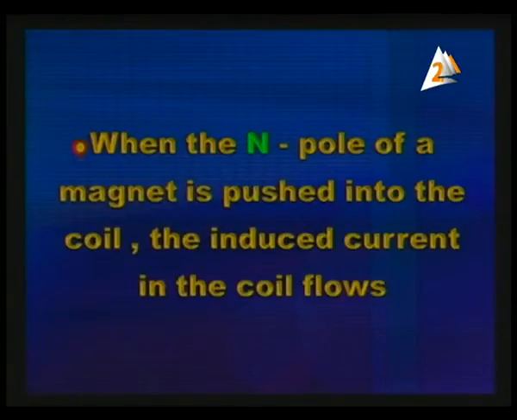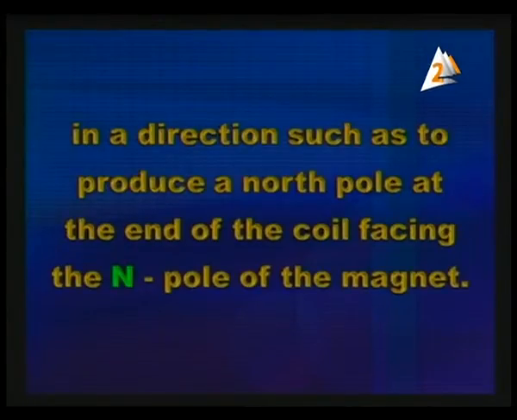So, when the North Pole of a magnet is plunged into the coil, the induced current in the coil flows in such a direction as to produce a North Pole at the end of the coil facing the North Pole of the magnet, so as to oppose the approaching of the North Pole.